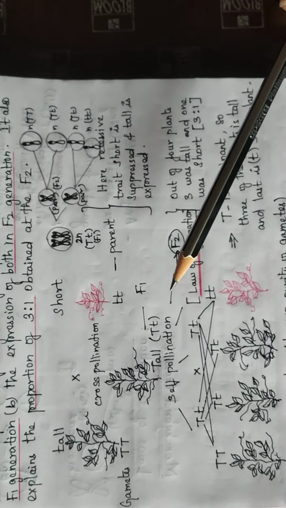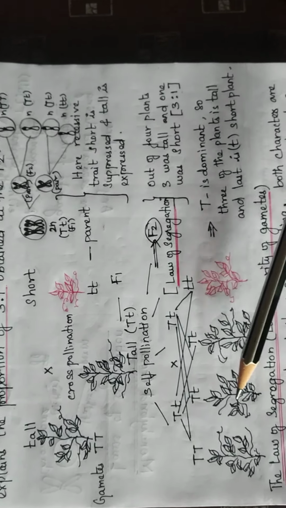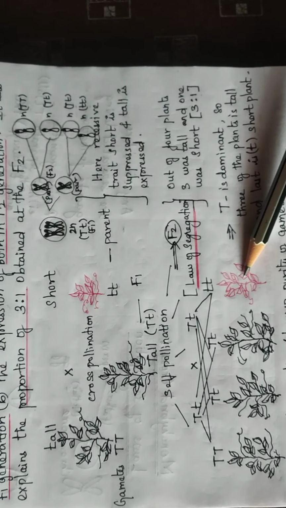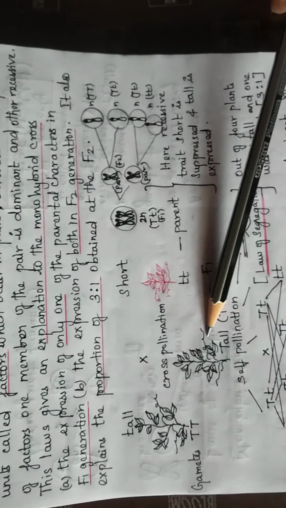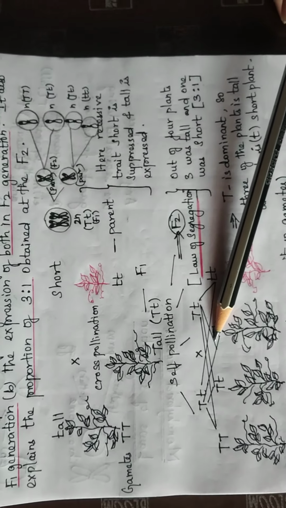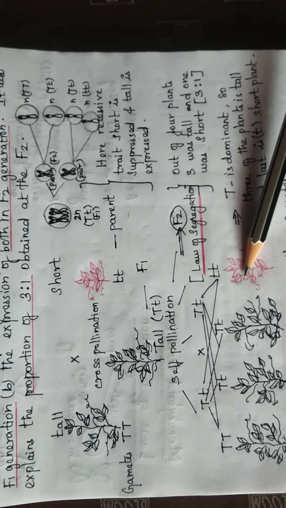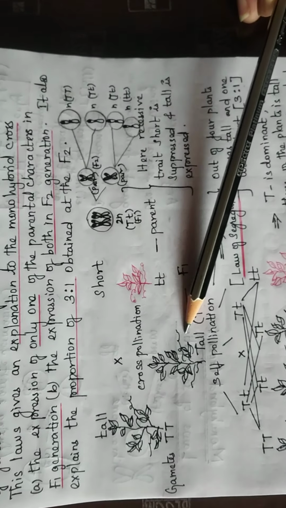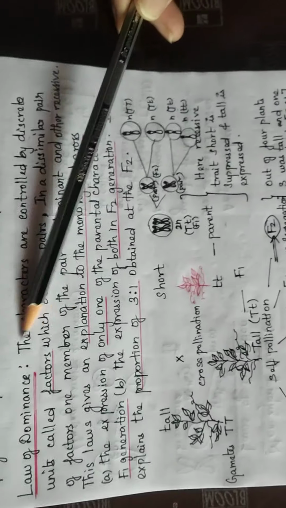So the ratio obtained by Mendel is 3:1. This we call the law of dominance. A dominant character is expressed first in the F1 generation, and both characters are expressed in the F2 generation in the ratio of 3:1, but what is expressed in F1 is dominant, so it is called the law of dominance.